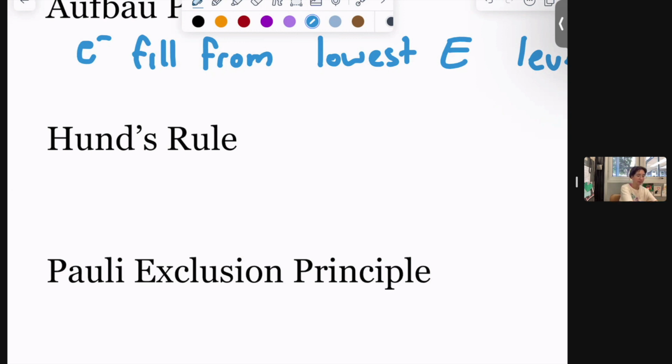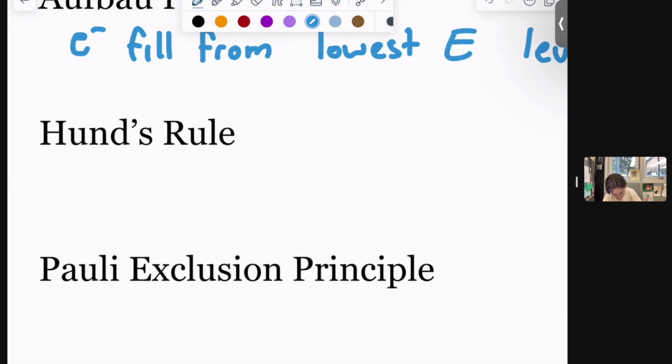Okay. Now these ones are going to help us with our actual little pictures. Hund's rule.